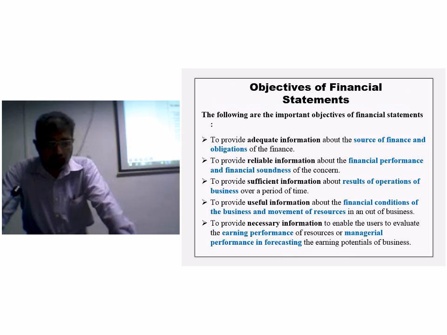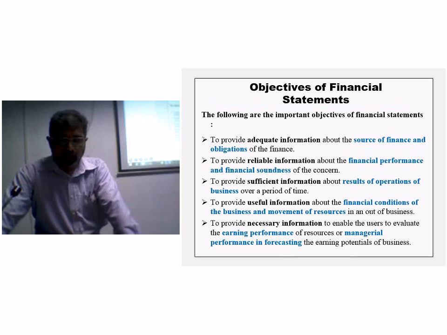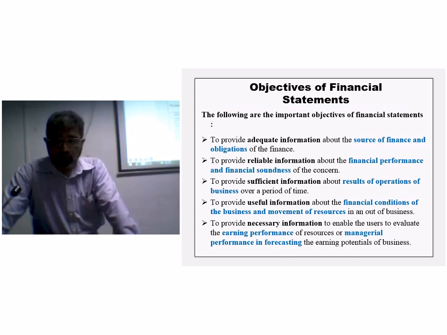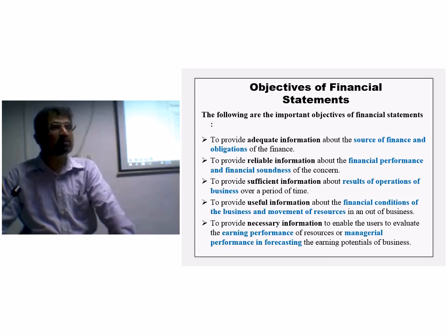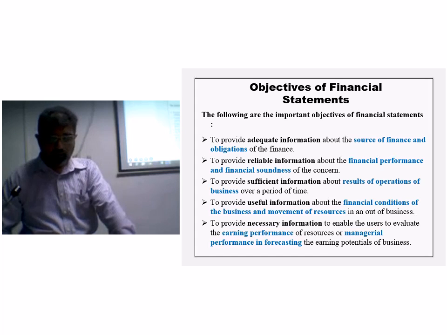Next is to provide useful information about the financial conditions of the business and movement of resources in and out of the business. Last one is to provide necessary information to enable the users to evaluate the earning performance of resources or meaningful managerial performance in forecasting the earning potential of the business. Right, these are the objectives of the financial statement.